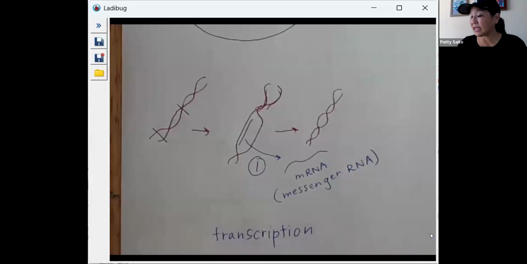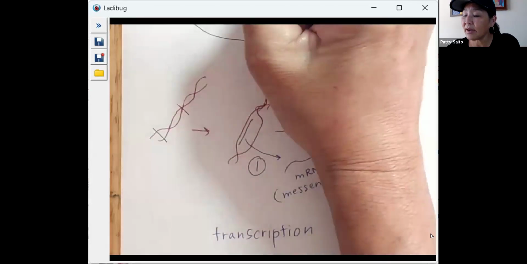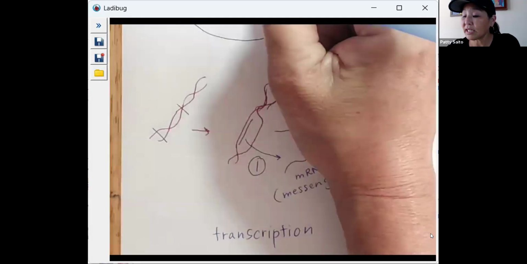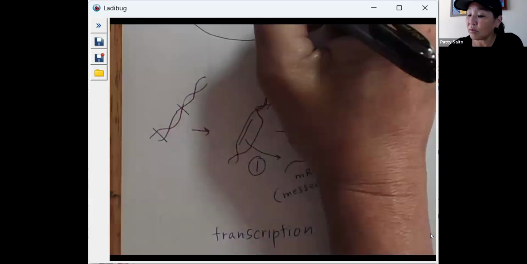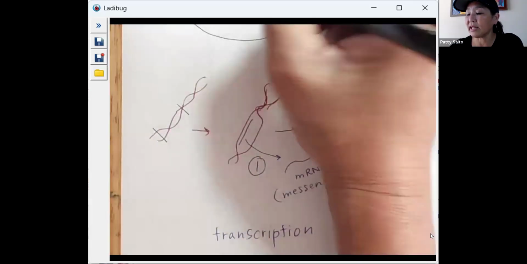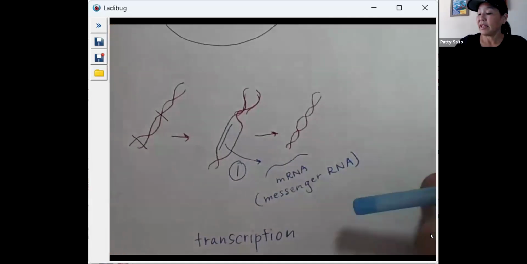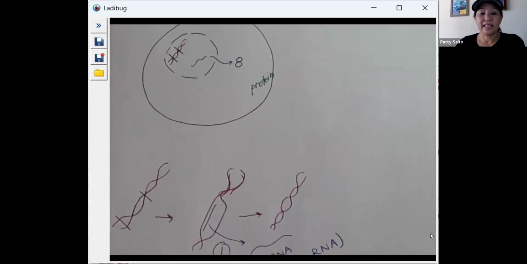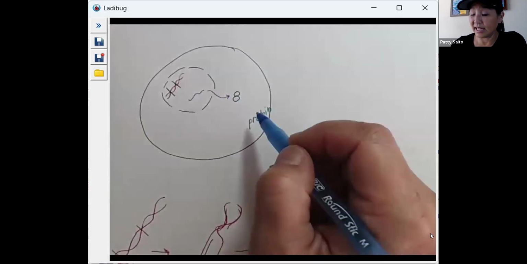All right, so what happens to this little message? So now we have a little message, a messenger RNA that's going to leave the nucleus and go to a ribosome. I'm going to greatly enlarge that ribosome. So the ribosome here would be attached to the endoplasmic reticulum.